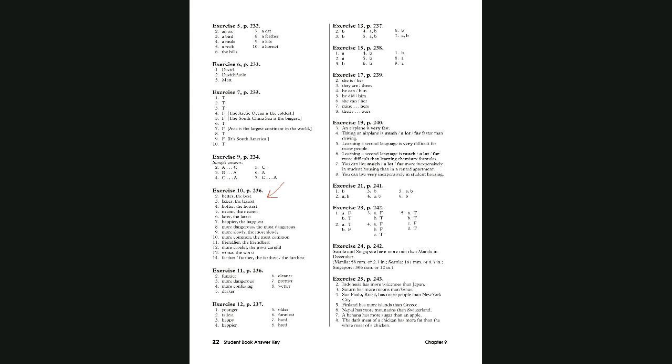Number 5, we do not double the last letter because it ends with a vowel, vowel, consonant. So we do not need a double T on number 5. Number 5, neat, neater, the neatest. Okay. And number 6, late, later, the latest. Number 7, happy, happier, the happiest.